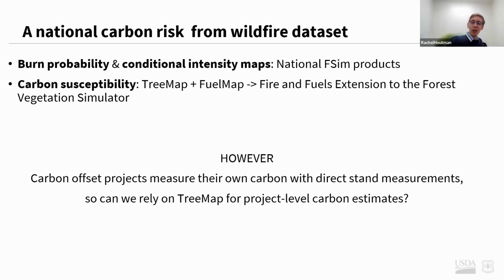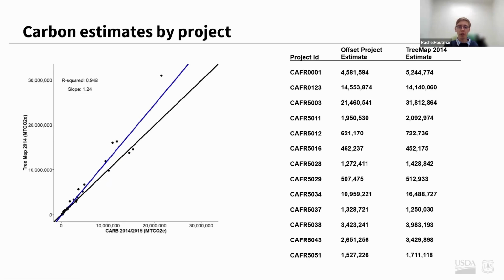So we did a little comparison of the TreeMap carbon with the total carbon estimates for those standing live and dead pools from the carbon projects. And we found a pretty darn good match. As you can see here, and I realize I am terribly remiss, Kamini Yadev, who's one of our ORISE people, produced this, and I did not credit her.